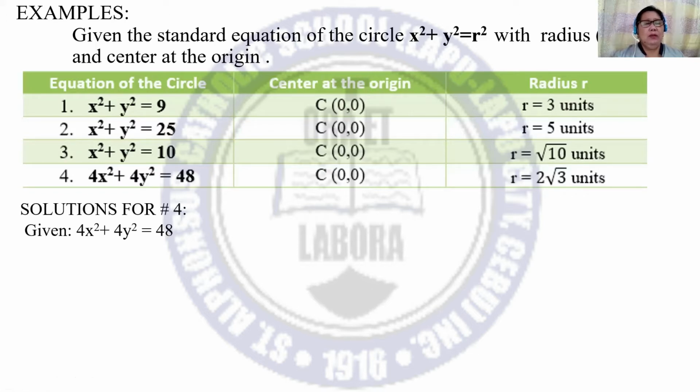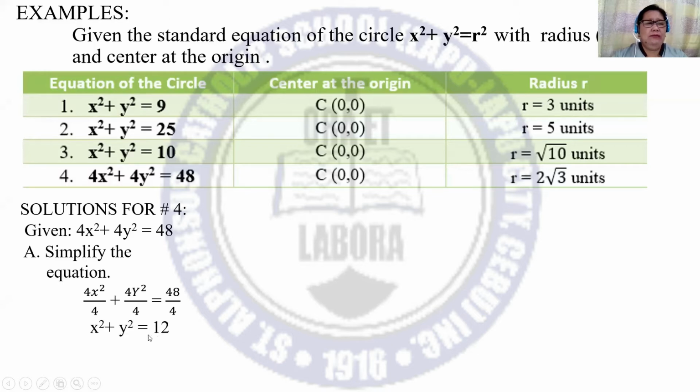Given 4x squared plus 4y squared is equal to 48, you have to simplify the equation by dividing each member of the equation by 4. So we can cancel 4 here, and 48 over 4 is equal to 12. So we have now x squared plus y squared is equal to 12.